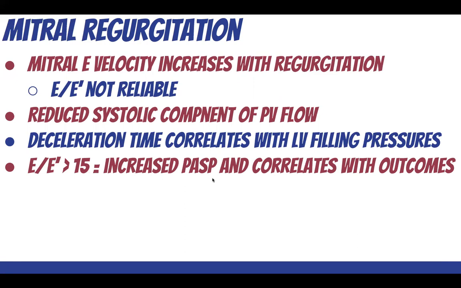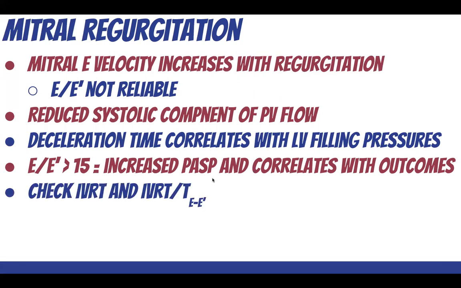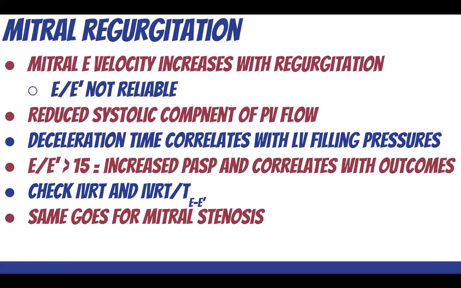That correlates with high pressures and outcomes. You can also check the IVRT and the IVRT to E to E prime index, the time difference between the E and the E prime velocities, which we talked about previously. The same parameters go for mitral stenosis, but usually the diastolic pressure should be okay with mitral stenosis, unless there's some other problem.